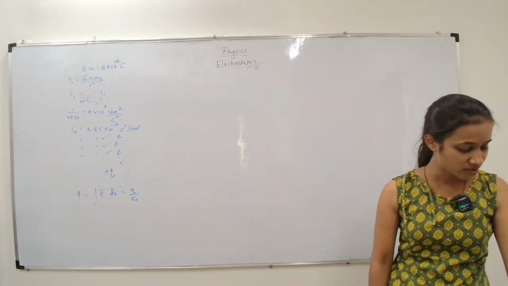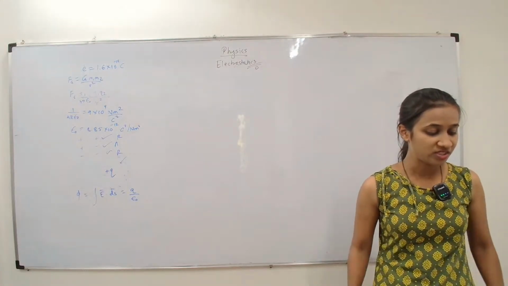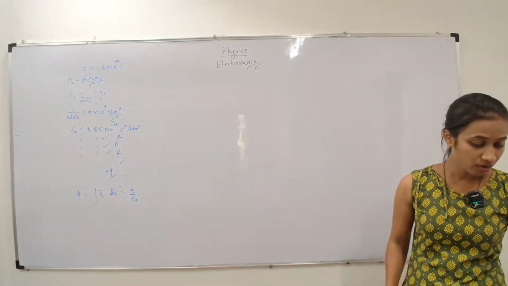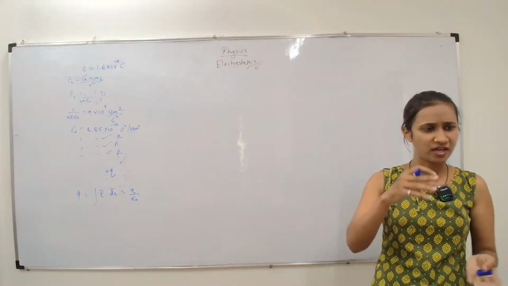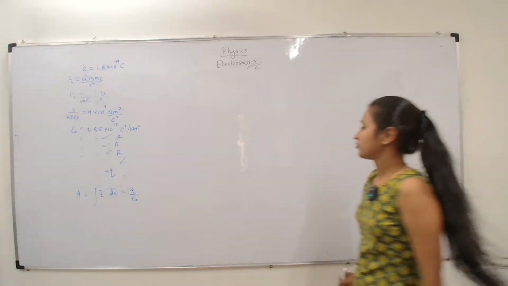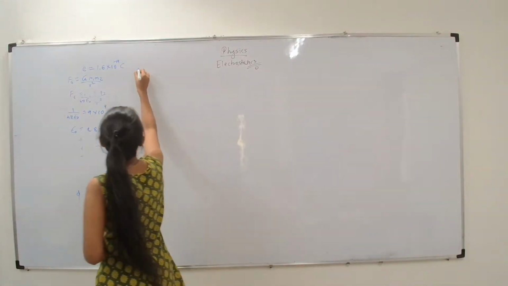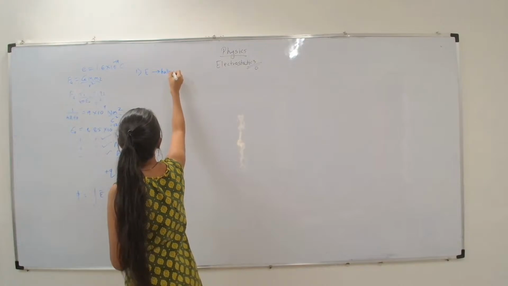Okay, the first one is electric field intensity due to uniformly charged spherical shell or hollow sphere. Shell means there is only a border, inside it vacant space, okay? Or hollow sphere is the same. So the first application is electric field intensity due to hollow sphere.